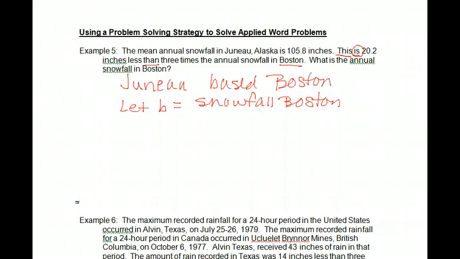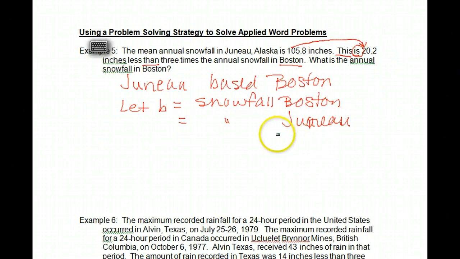We know that Juneau has a total of 105.8 inches. And we also know that the 105.8 inches is equivalent to 20.2 inches less than 3 times the snowfall in Boston.